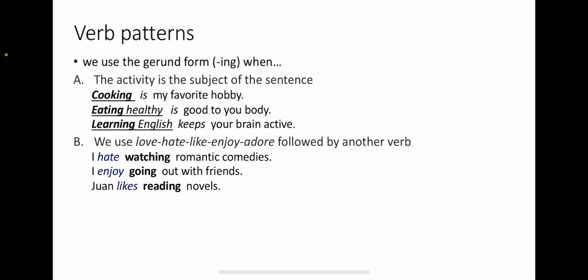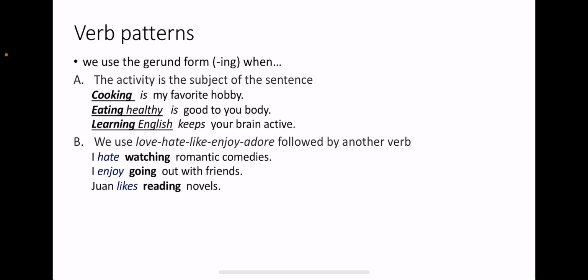Now, there are other ones, and we remember those ones, right? Most of the time we use a gerund form when we use the verbs love, hate, like, enjoy, and adore. When we use those verbs, the next activity or the next verb most of the time goes in gerund, or with ing. So I say I hate watching romantic movies.